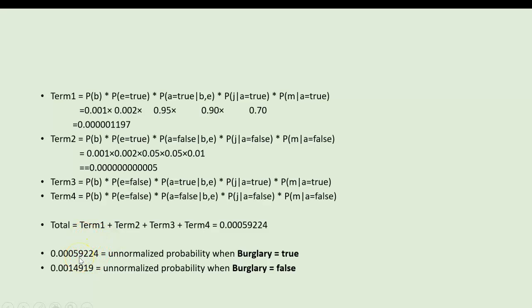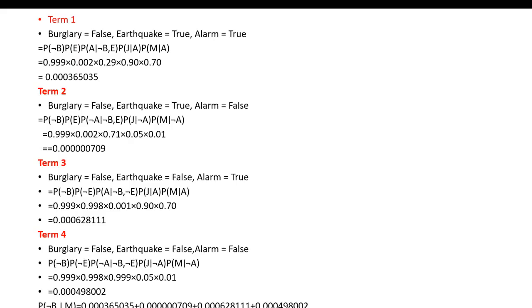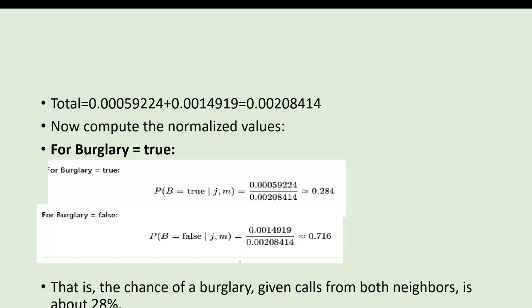To convert this to normalized probability, we use this formula. One term you will take and divide by the total. Xi divided by summation of xi will give you the normalized value.